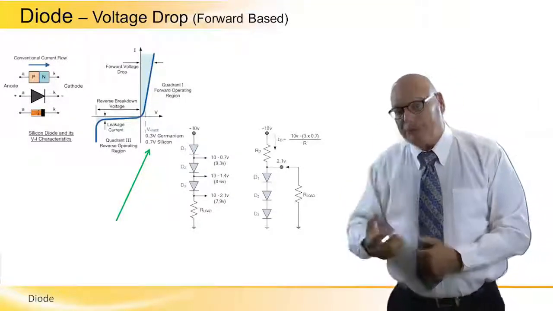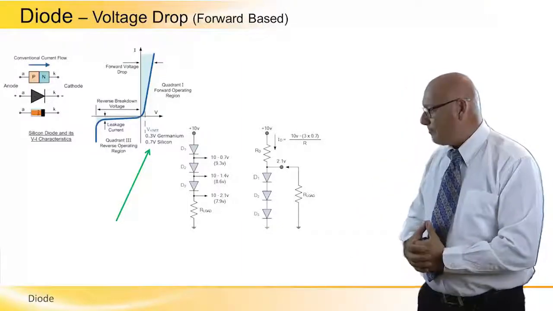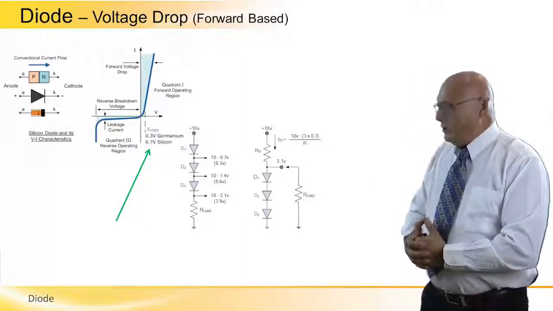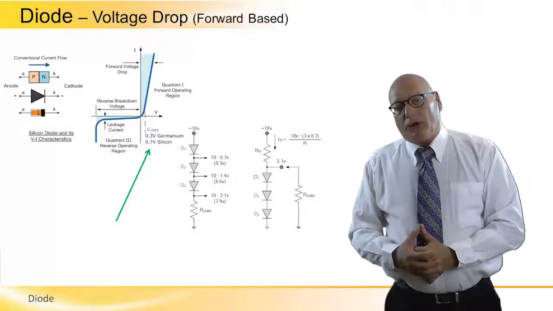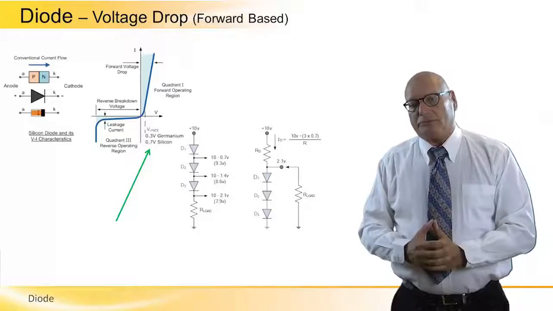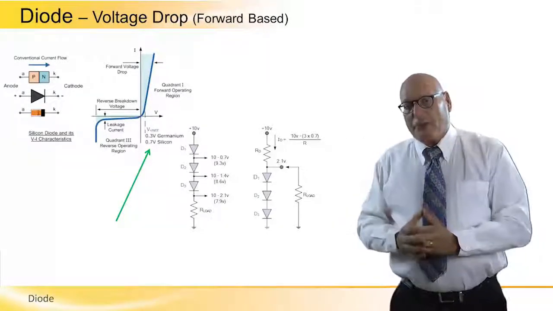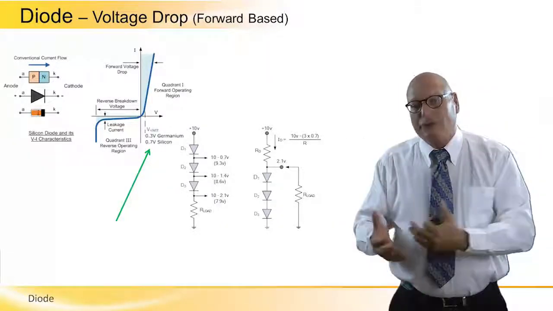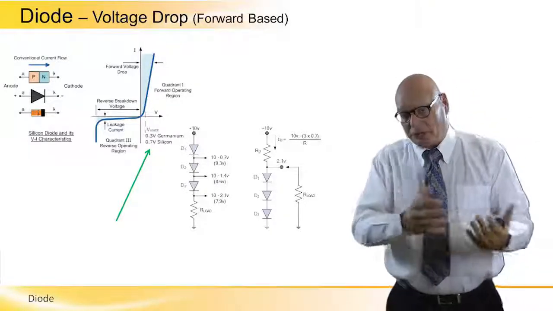Let's look at the center of the picture, where we see the IV graph, the behavior of a diode. We have the first quadrant, number 1, which is the forward operating area, and we have quadrant number 3, which is the reverse operating region.